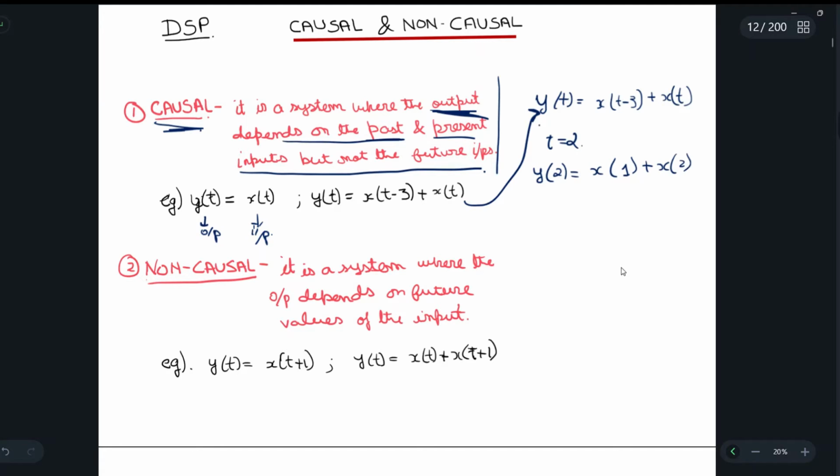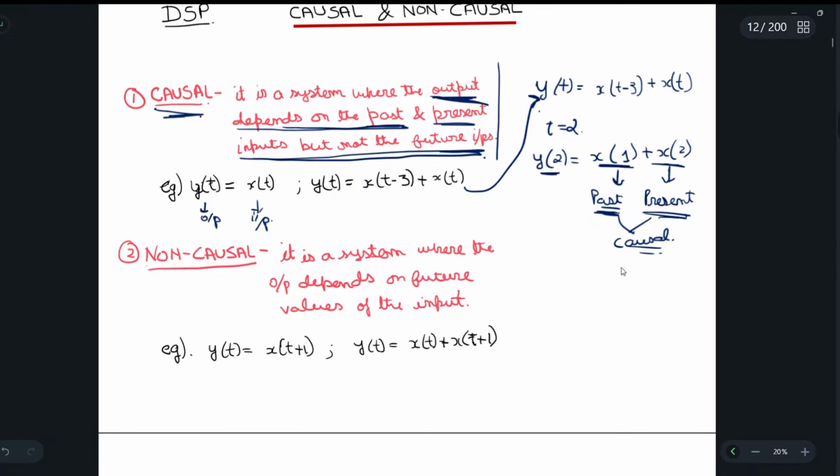Now you will see that x(-1) is a past input, whereas the output is at 2, and x(2) is a present input. That is, we have to look at the x values, that is input values, individually if we have two inputs. So this is the past and this is the present, so this will form a causal system. That is what we have written over here, that the output depends on the present and the past inputs but not the future inputs. Okay, so now let us move on to non-causal systems.